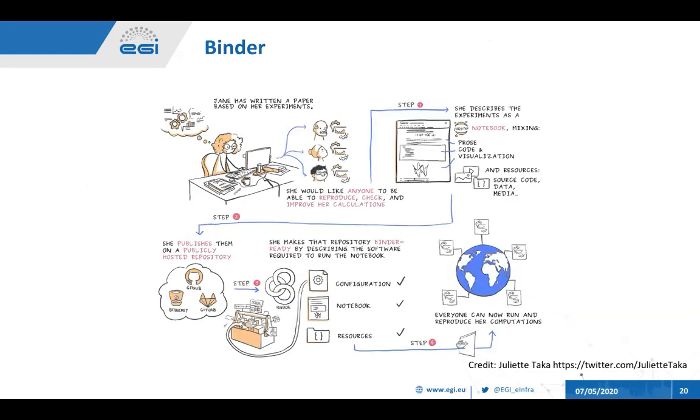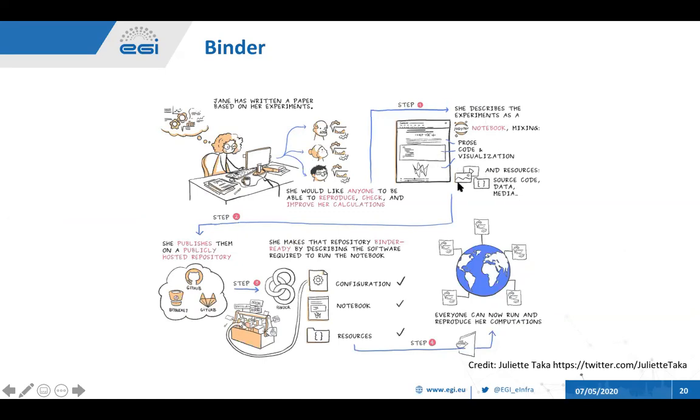So as said, we will use Binder. Here is a cartoon that explains a bit the whole thing, but with a nice figure. So we have the researcher who does a paper with the experiments. She develops the experiment as a Jupyter notebook, mixing the text and the code and visualization.